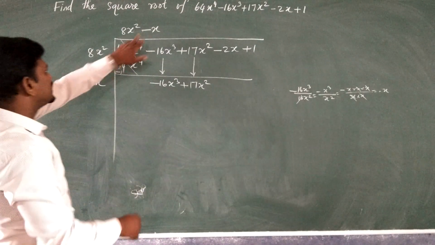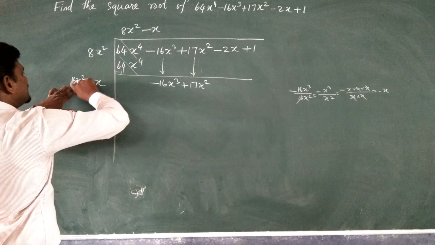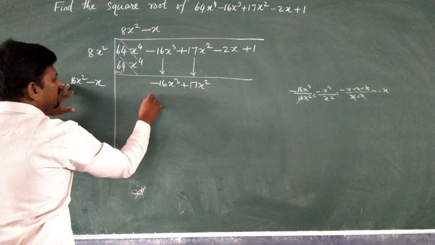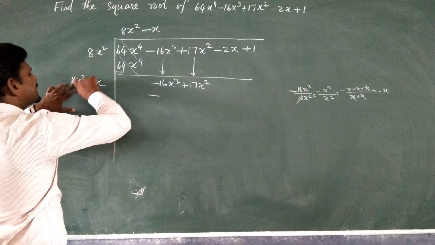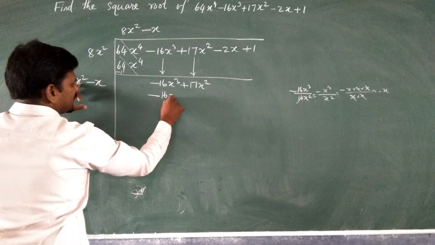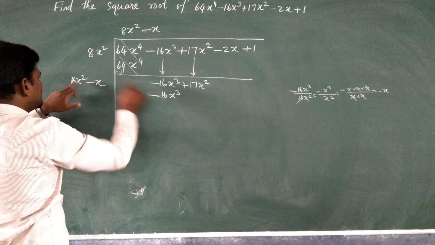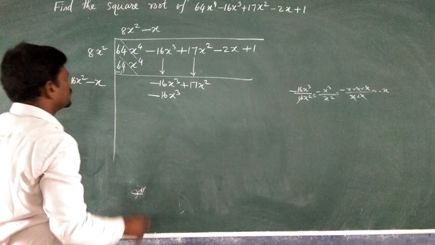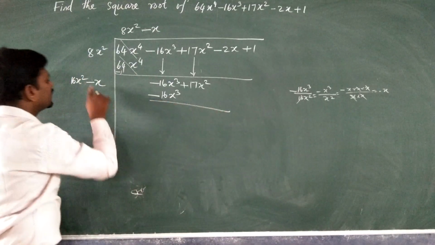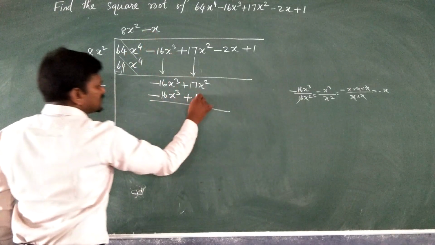Then using this minus x, we have to multiply these two terms. Plus into minus, minus 16 into 1, 16, x square into x cube. And plus into minus, minus x into x square.